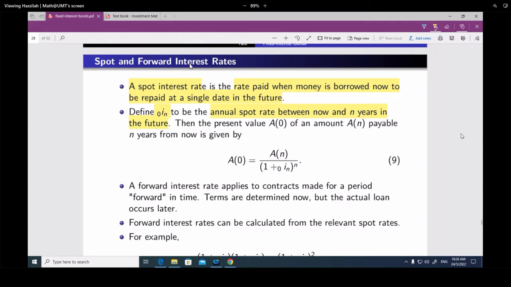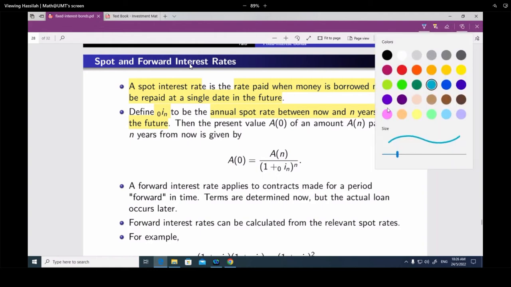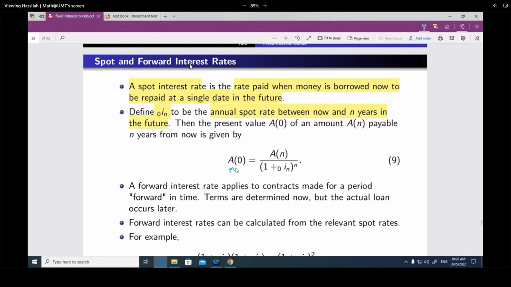A0 adalah present value. So amount in the future.